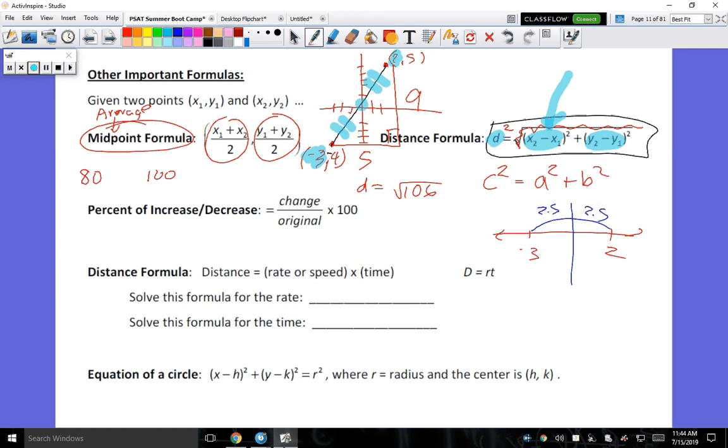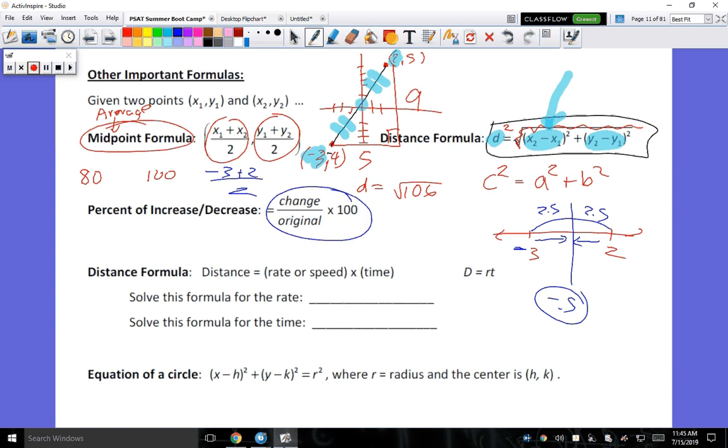And then I would, from -3, go 2.5 that way, or from 2 go 2.5 this way, which would give me a what? -0.5. That's too much work, guys. If we're doing midpoint, please, please, please just add them together and divide by 2, because you're going to get the same thing. Okay, for both the y's and the x's.